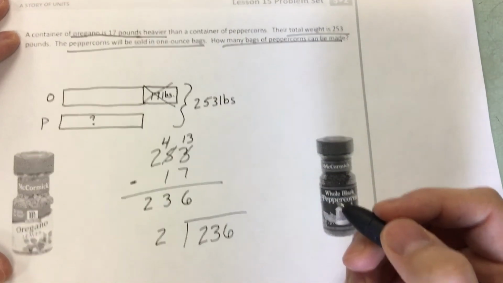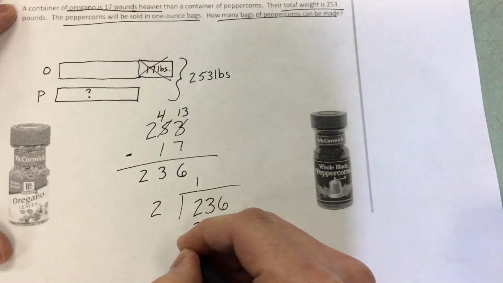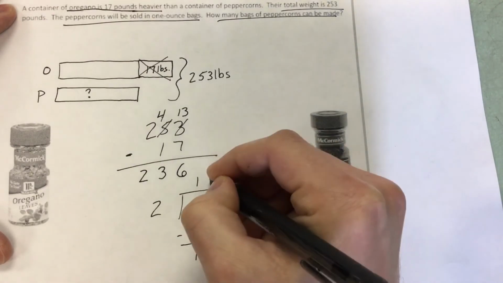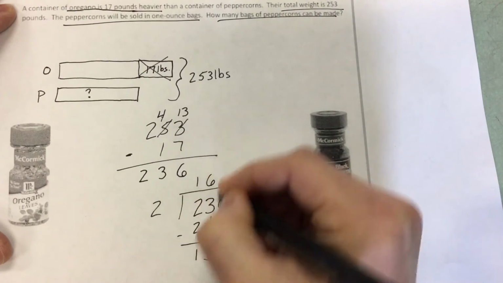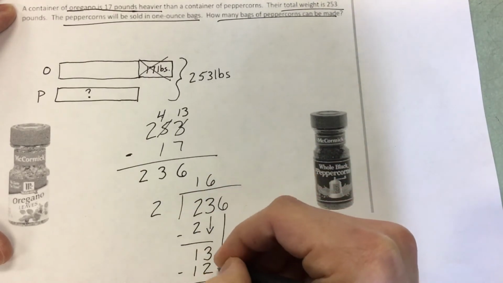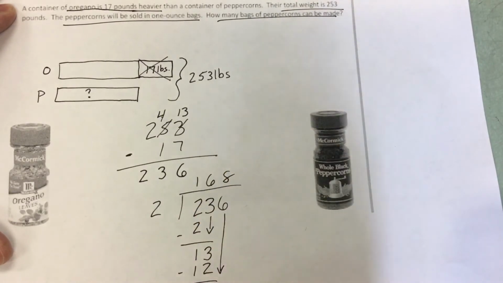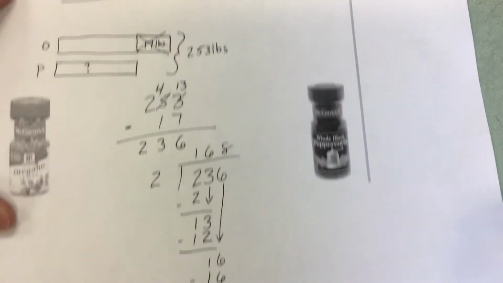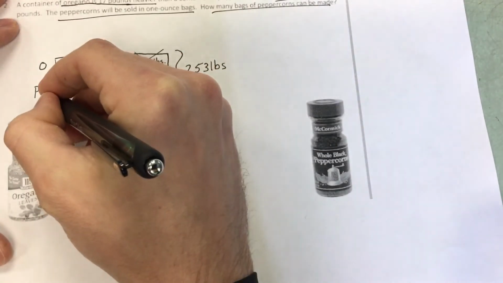So using our division algorithm, we're going to work that out. So that leaves me with 168 pounds.